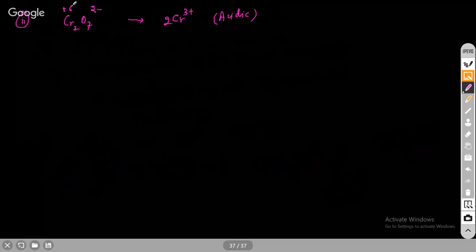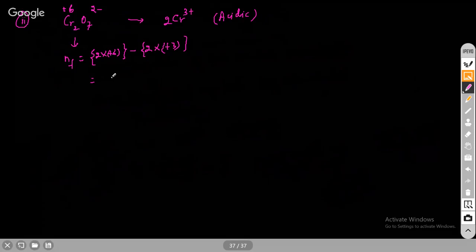To find the n factor, the total oxidation number here is 2 into plus 6, minus 2 into plus 3 here, divided by 1 because we have one molecule.